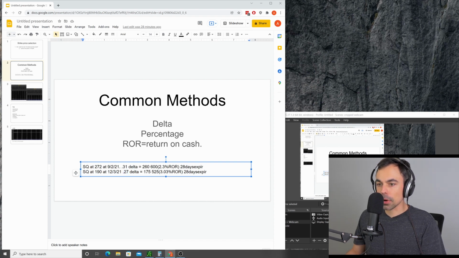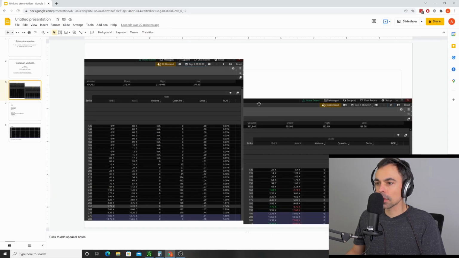You would be selling the 175 strike price, collecting $525, and that would be equivalent to a 3% return on risk, even though it's the same delta, actually lower delta. So you have less chance of assignment and a greater return on that trade, even though the deltas are pretty much the same.